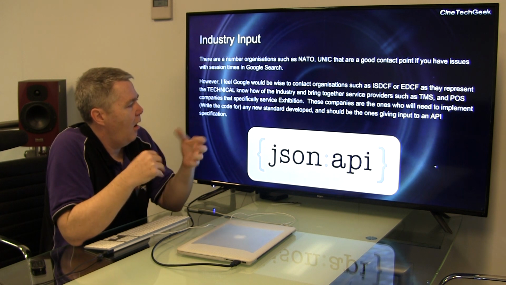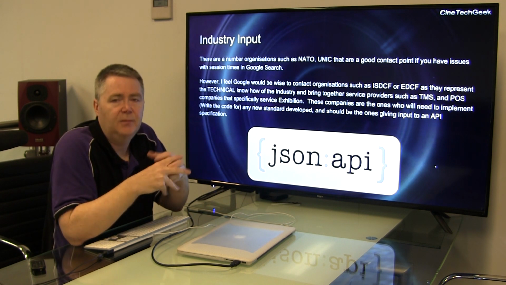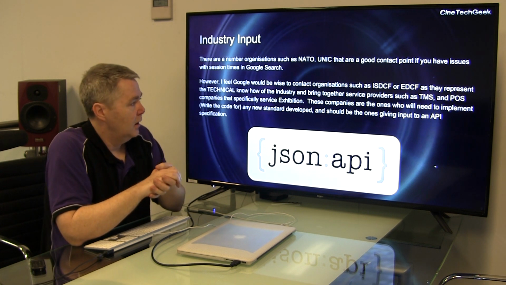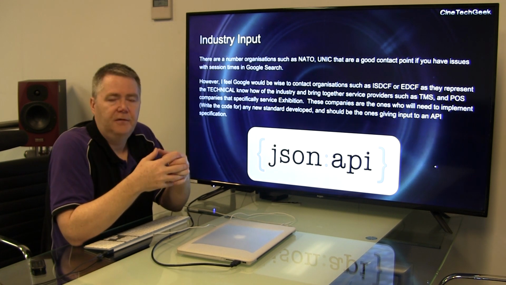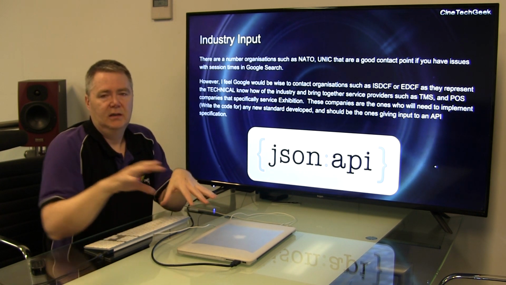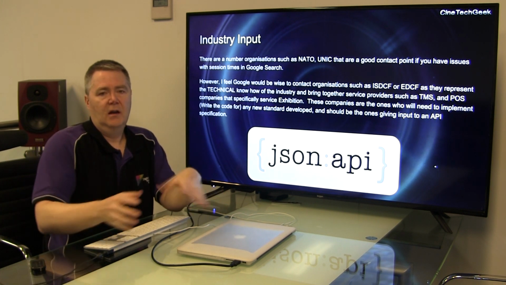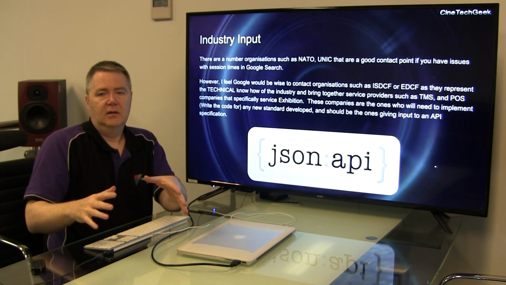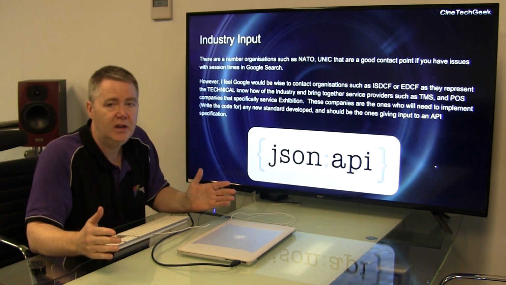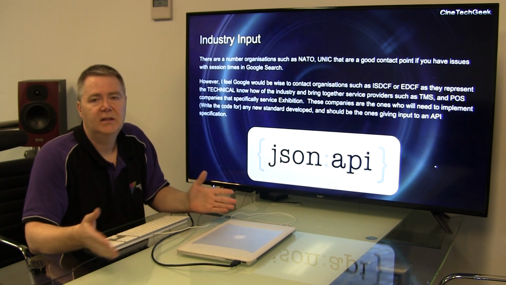But I'm heavily involved with ISDCF and some other technical sides of cinema exhibition. They are like ICCF, for example, is a body that represents the distributors, exhibitors, and specifically the service companies which fill all in the gaps between them, being POS, TMS, and other suppliers.